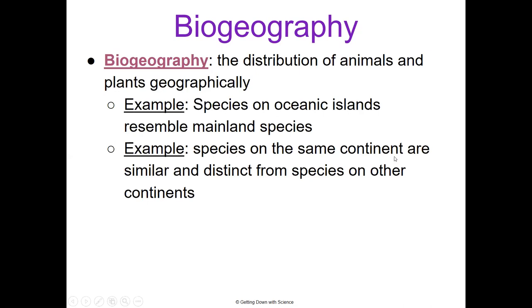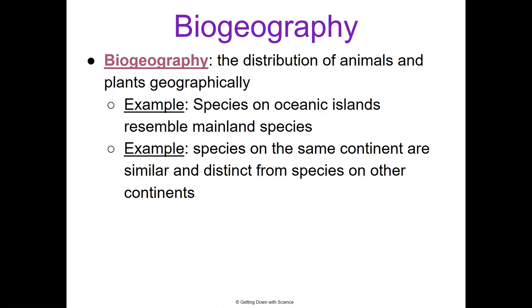Are species on the same continent similar or distinct from species on another continent? In particular, we think about Australia. Almost all of the species that are native to Australia are marsupials. They're the ones with the pouches. And we find a few marsupials elsewhere.